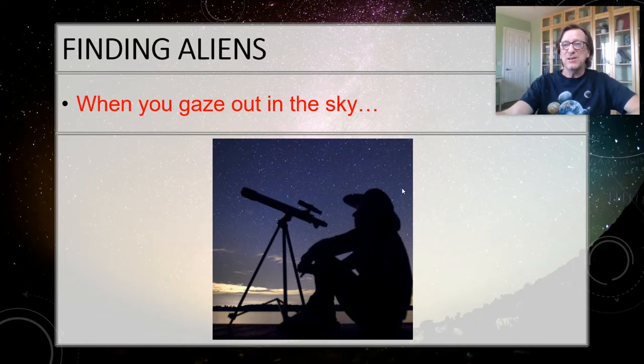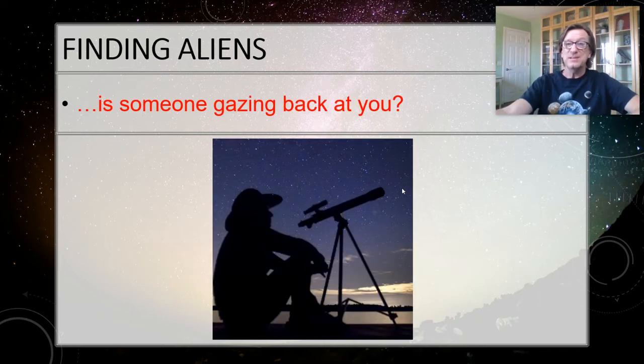So, whenever you gaze out in the sky and you're looking at these stars out there, and all these hundreds of billions of stars, have you ever wondered, is somebody looking back at you? Well, spoiler alert, the answer is almost definitely yes. There is virtually 100% chance that somebody is actually looking back at you wondering, I wonder if there's any life out there.